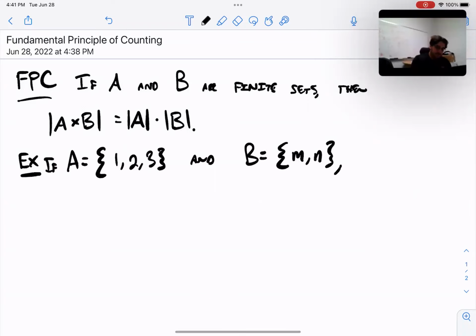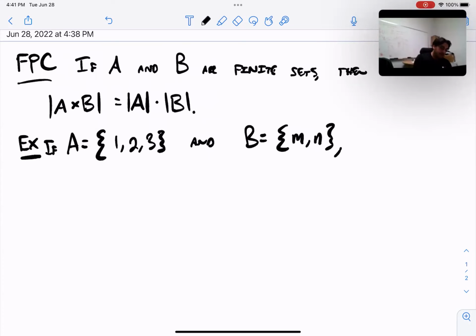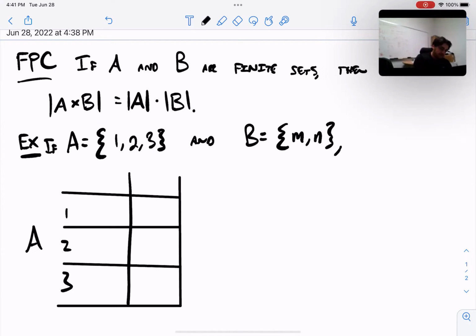If these are your sets A and B, then you could imagine labeling, do a little table, right? We'll put the elements of A in the rows, and we'll put the elements of B in the columns, right?